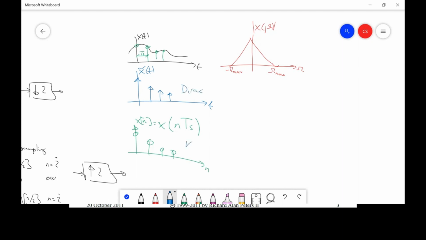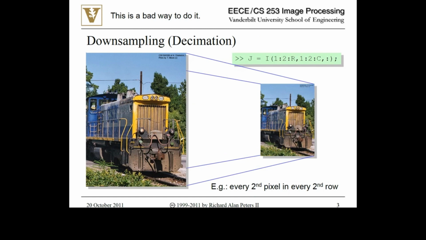The discrete ones are called Kronecker deltas. You remember all these differences, right?